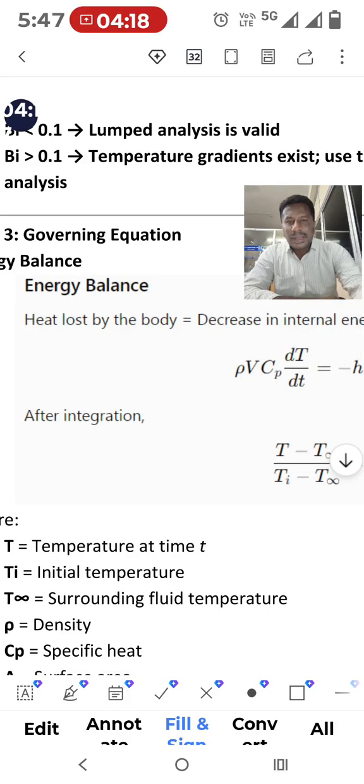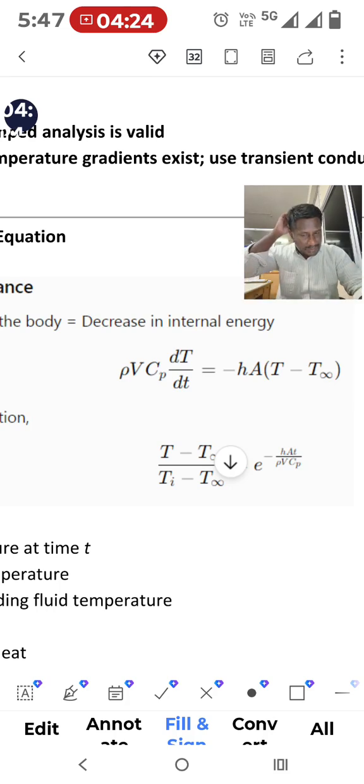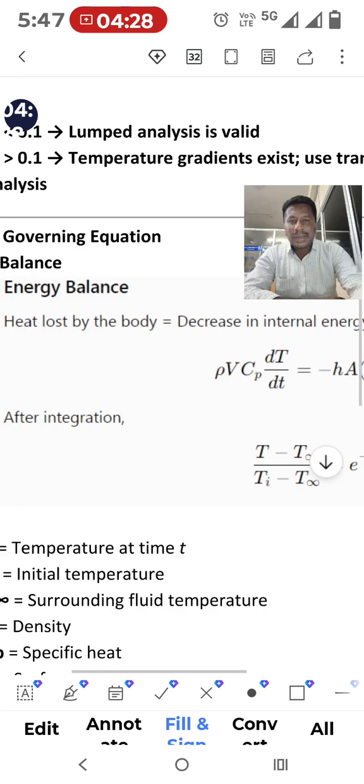The governing equation for the process is: heat lost by the body is equal to the decrease in internal energy, that is, convective heat loss is equal to the rate of change of internal energy.